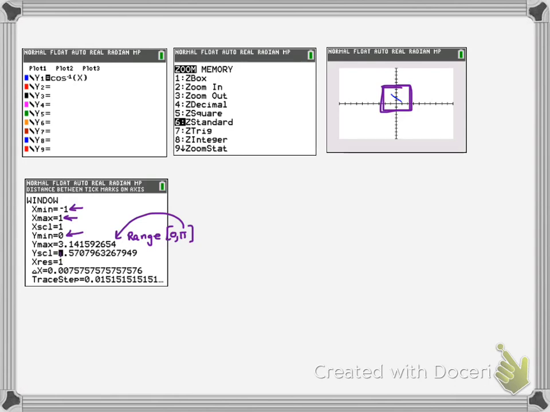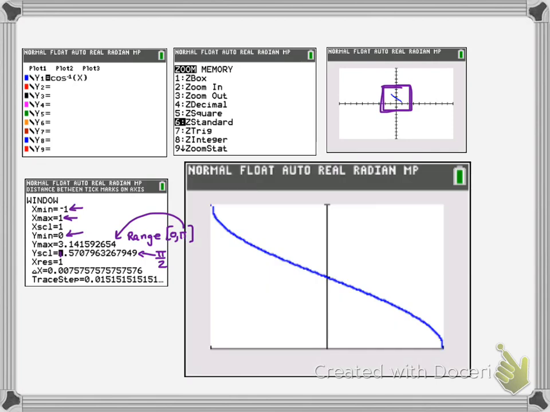And I've chosen an x scale of pi over 2 just because I know that our arc cosine function crosses the y-axis at pi over 2, so it would be nice to have a hash mark at that point. Okay, so once I've chosen all these values in the window, then I can move on and graph the function.